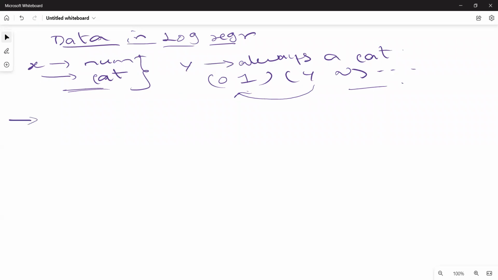Now let us see a little bit of the maths part, that how is logistic regression different from a linear regression. Now in linear regression, we have this equation y equals a plus bx, where y is the predicted value and x is the feature.